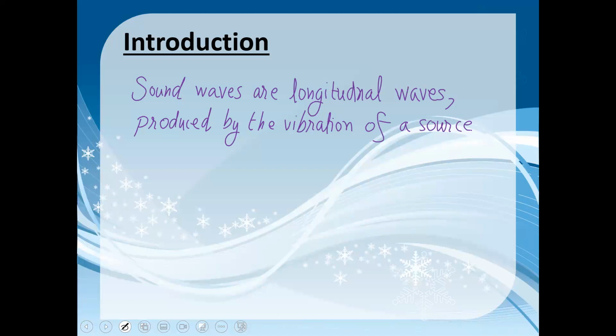For example, we talk to each other, so we have a vibration in our vocal cord. This sound box, this is actually a vibration. When a guitar sound is heard, the sound is actually produced by the vibration of a string.